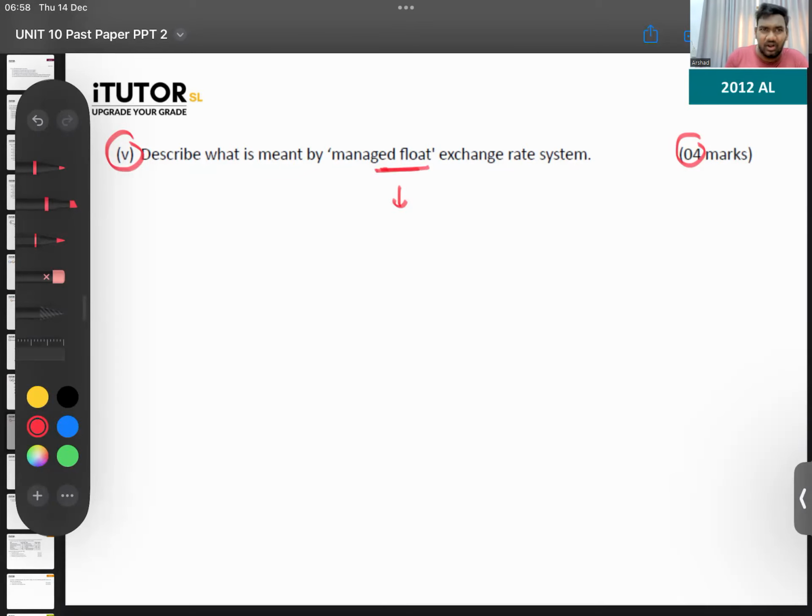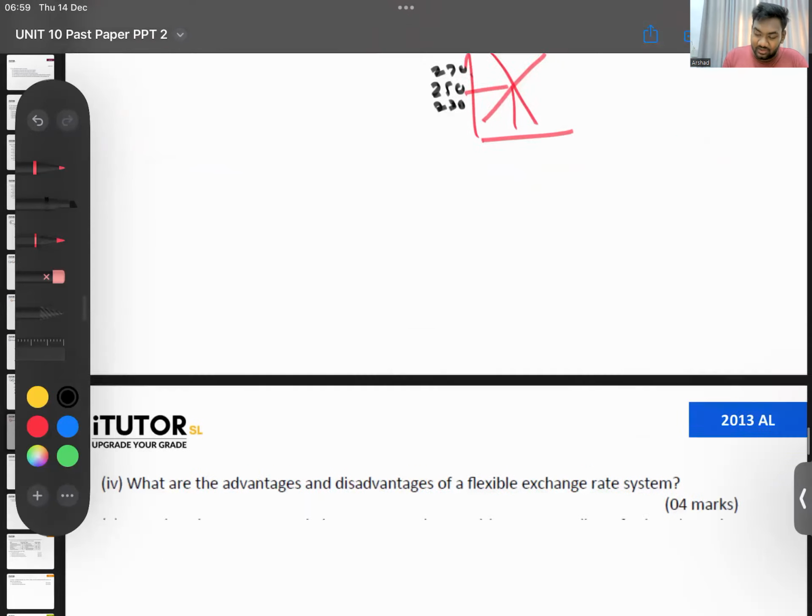There is no diagram really in this, but if you want, you can show a small diagram and give a small explanation. For example, currently the exchange rate is at 250. The central bank might allow it to go between 270 and 230, or let's say 260 and 240. In case it goes above this, the central bank will then intervene.